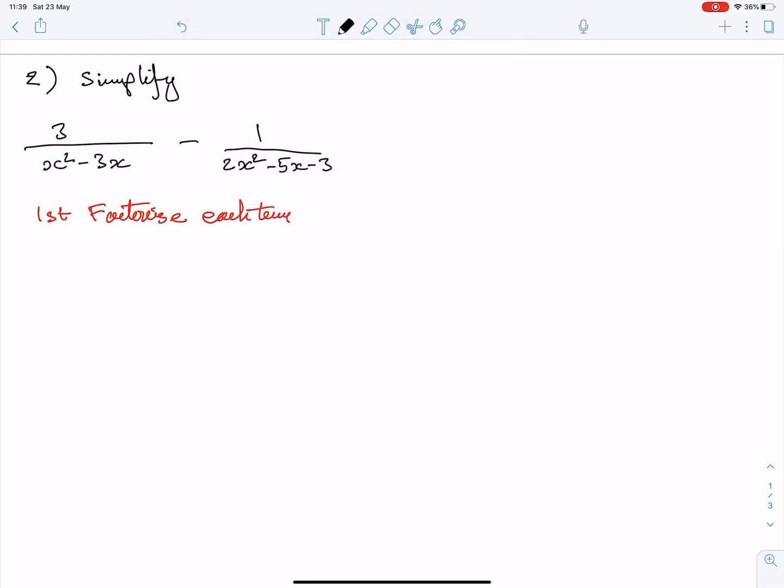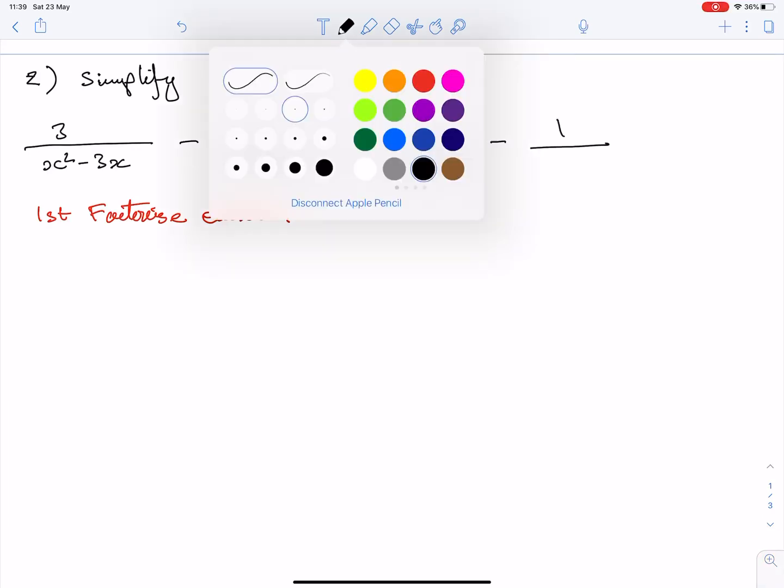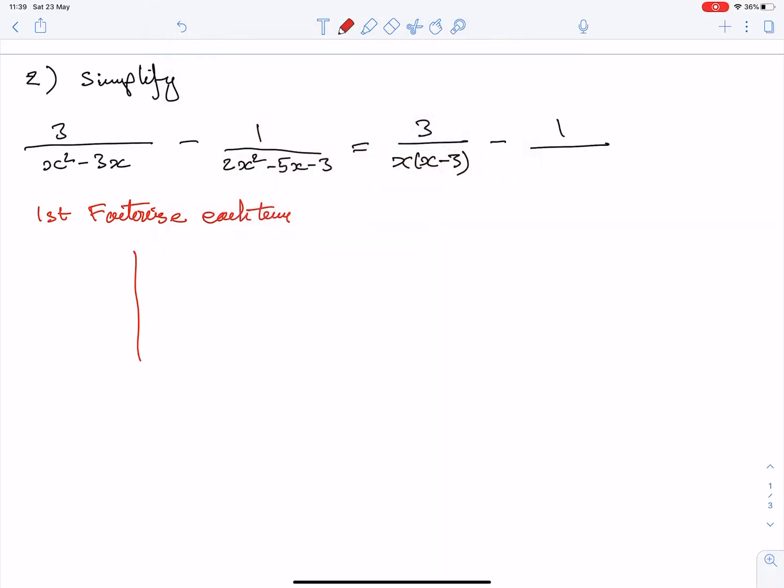So here we go with the factorising phase. Well, the first one hopefully is straightforward. Take out x as a factor, so we've got x times (x minus 3), minus 1 over, this time we've got a quadratic, so you might want to quickly use your grid to check. 2x squared, minus 3. So multiply to give negative 6, add to give minus 5, sounds like minus 6 and 1.